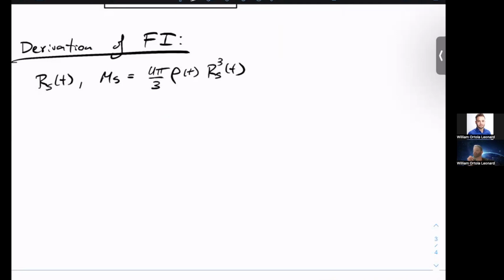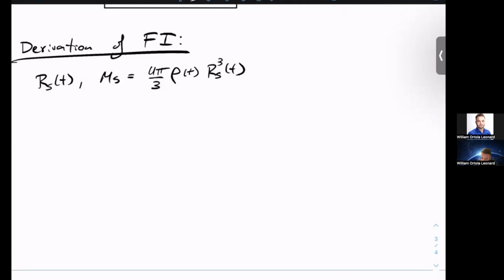Now what we're going to do next is use Newton's second law, which, in combination with Newton's law of gravity, tells us the following.